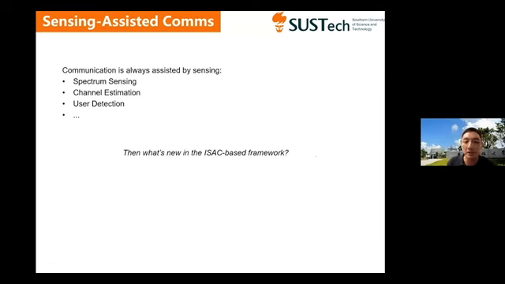Okay, so you need, for example, to sense whether the spectrum is occupied or not, and you need to estimate a channel before you transmit information, and you need to detect users in the multi-user communication scenarios. Then what is new in the ISAC-based framework about this sensing-assisted communication?